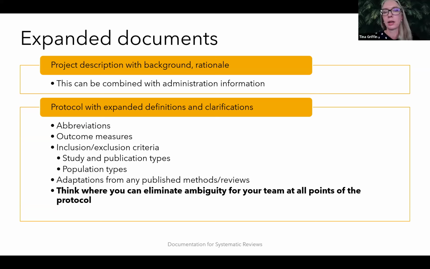Populations are the same way. You would think these things are cut and dried, and sometimes they're really not. A favorite example I like to bring in is young adults. We'll see, oh, we're going to include a young adult population. Like, okay, how are you defining young adults? Different databases define young adult by different ages. Happens all the time. Okay, well, we're going to define it as 18 to 24.